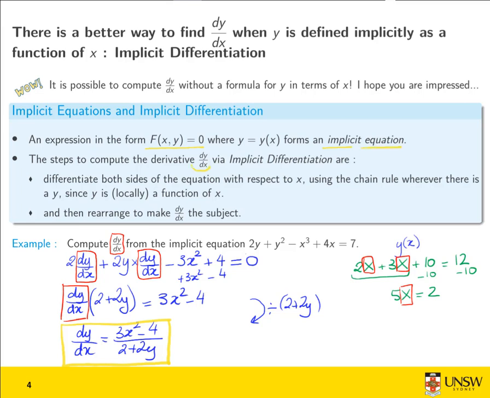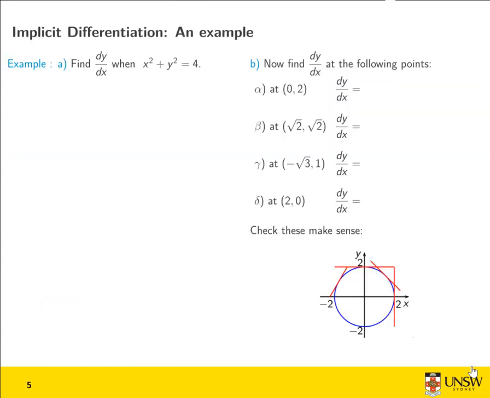If what you want is dy dx, what you will do, exactly what we did below, you differentiate both sides of the equation with respect to x, using the chain rule wherever there is a y, because your y is a function of x. And then you rearrange to make dy dx the subject, which is what we did starting from here. And we got a formula for the derivative in terms of x and y. Remember our first example with the circle?